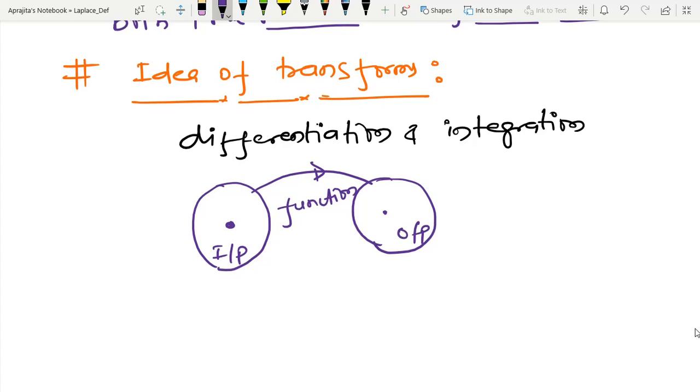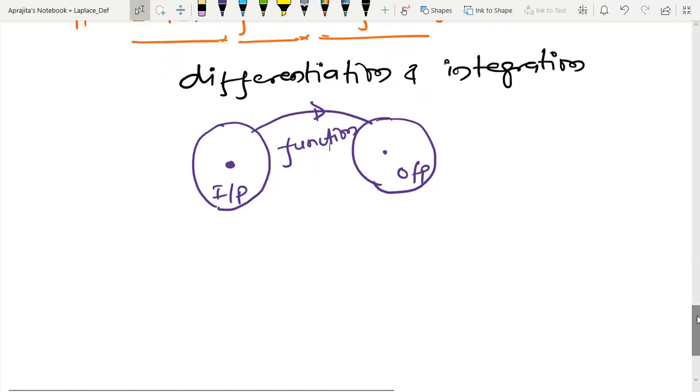So what happens is that since this is a linear function, and whenever something is linear, we have already seen that it will satisfy the property of linearity. So these two operations also satisfy the property of linearity.